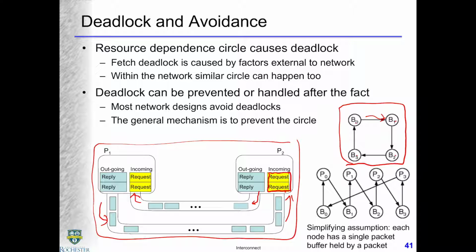It's more complicated, because buffer 3 is currently holding packet 3. So buffer 3 is waiting for packet 3 to depart, but packet 3 is waiting for another buffer in the system, which is buffer 0, which currently holds packet P0. So this gives you the dependence cycle.